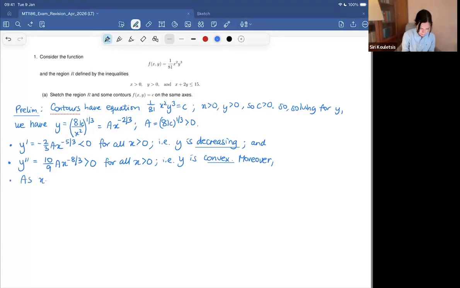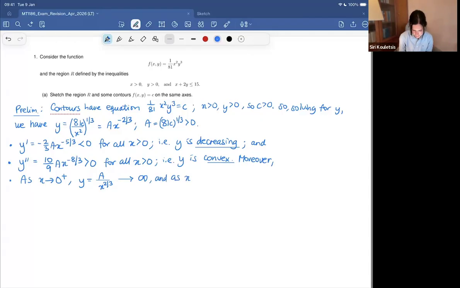And so as x goes to 0 from the right, what happens to y? Let's remind ourselves of what y is. Perhaps now it's useful to write it in this form. And so the denominator there gets closer and closer to 0, and y goes to plus infinity.